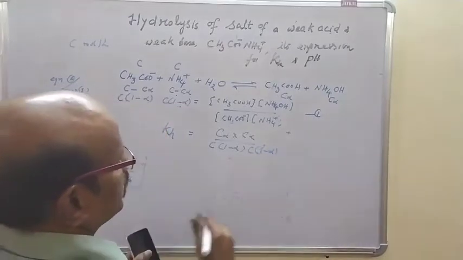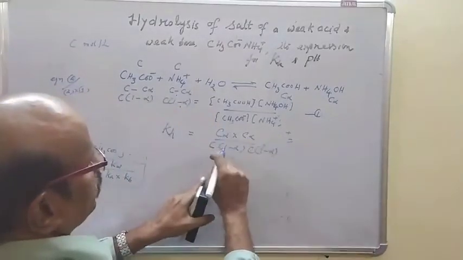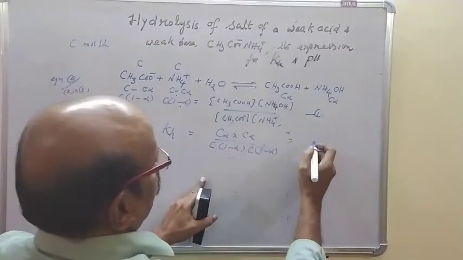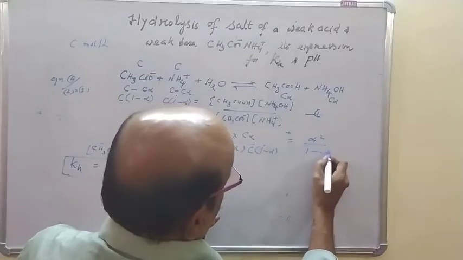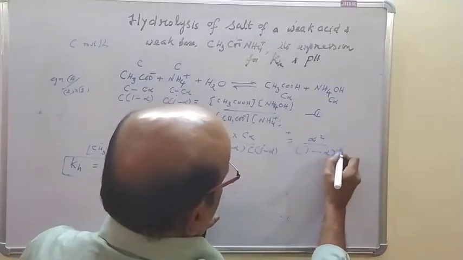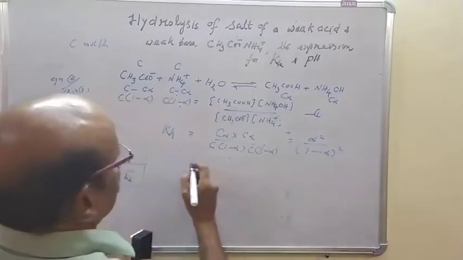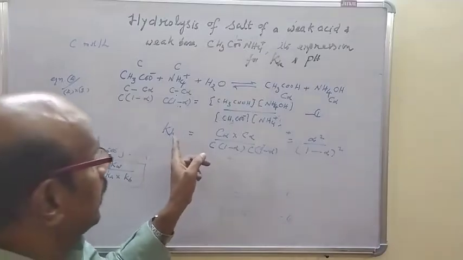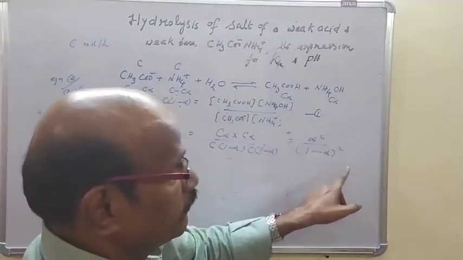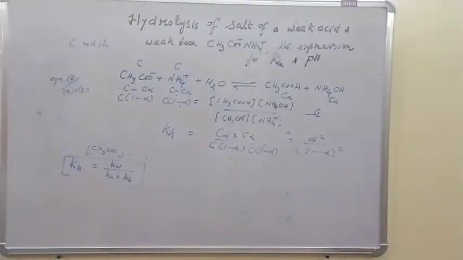So we have C square alpha square by C square into 1 minus alpha the whole square. So alpha square divided by 1 minus alpha the whole square is the expression for KH of this salt.